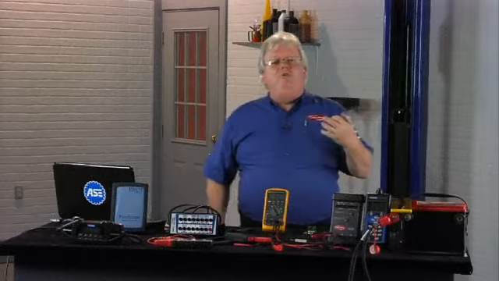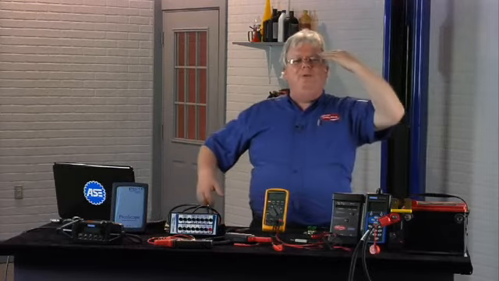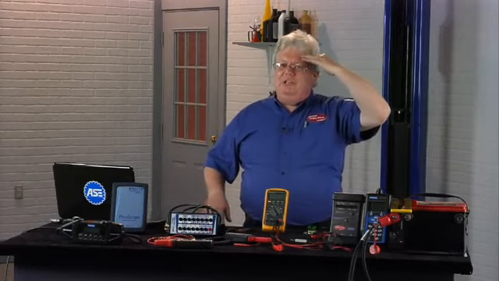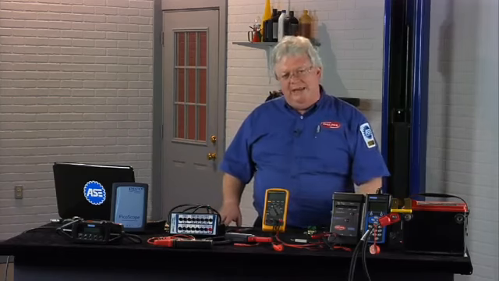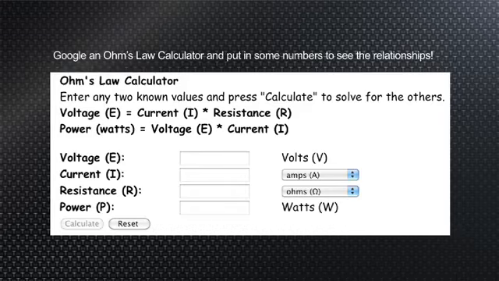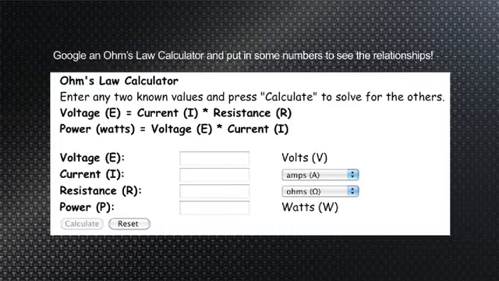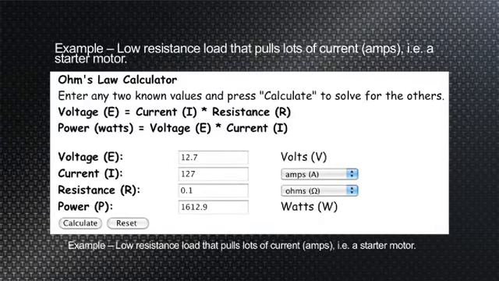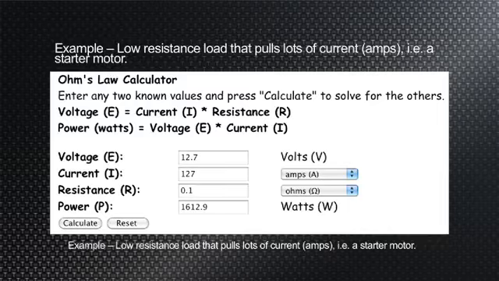Now, if you really want to plug some numbers in, it really brings the whole concept of the relationships of ohms, amps, and volts to light. And this is kind of cool. You just Google an Ohm's law calculator, and you'll find something that looks like this. If we plug in some numbers here, we know the voltage in a series circuit is 12.7 volts. And the resistance is 0.1 ohms.